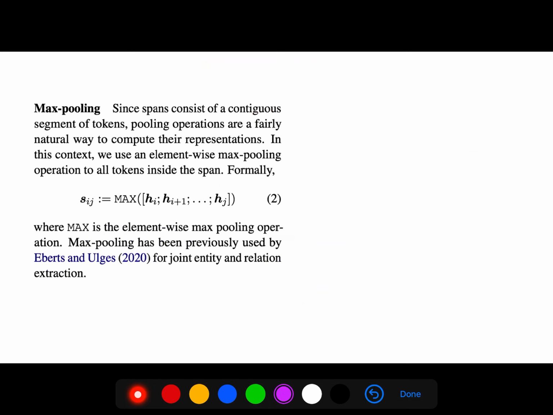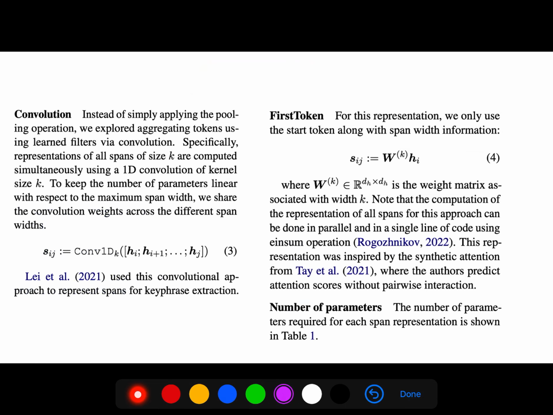You can use max pooling, but instead of max pooling, you can also use convolutions, like here they use convolutions. So it's a function of your hidden representation from i to j, but you use 1D convolution.